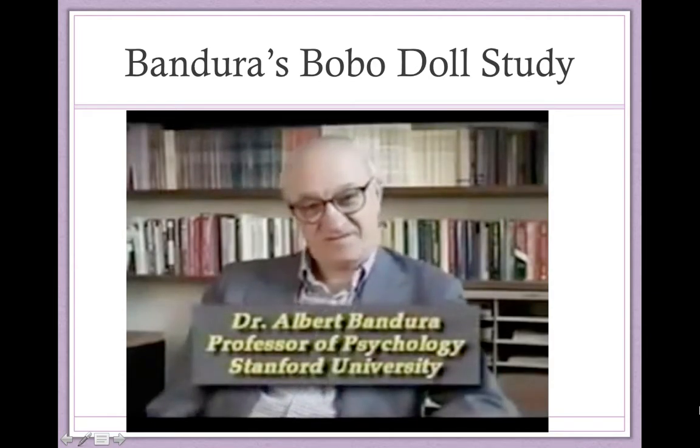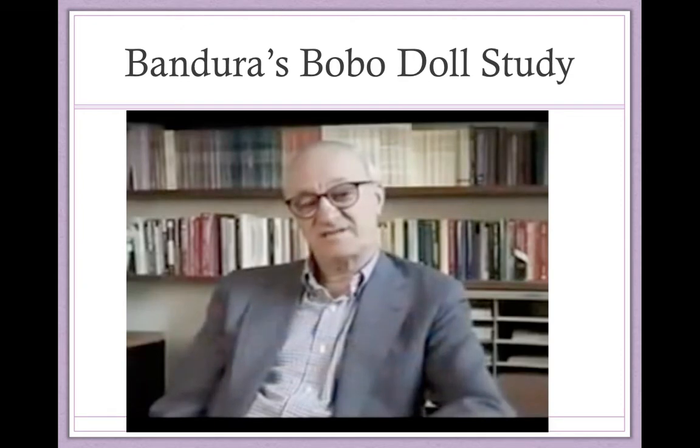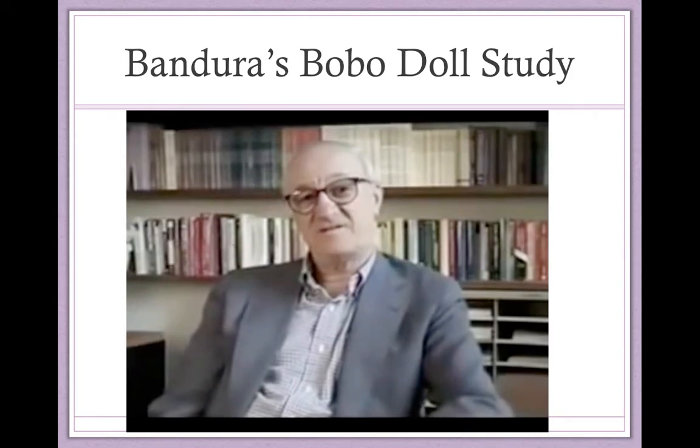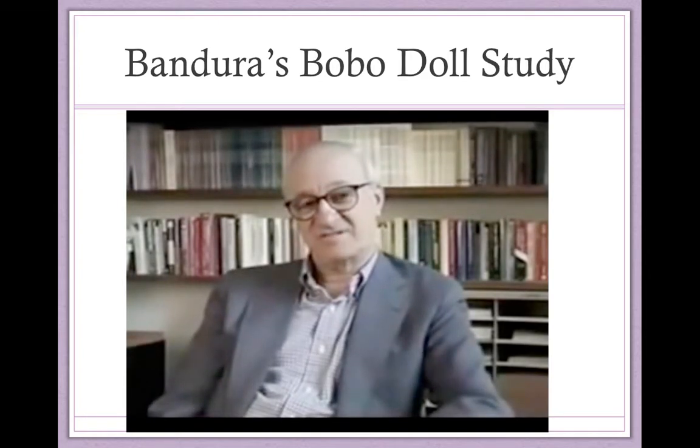firsthand. Learning aggressive styles of behavior through modeling. Children watched a filmed adult perform aggressive acts toward an inflated doll, and the physical aggression was accompanied by novel, hostile remarks.